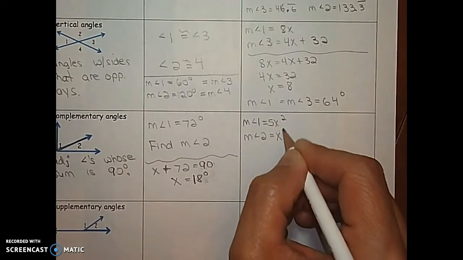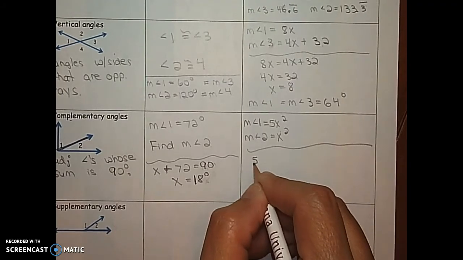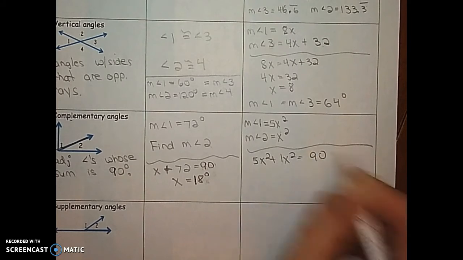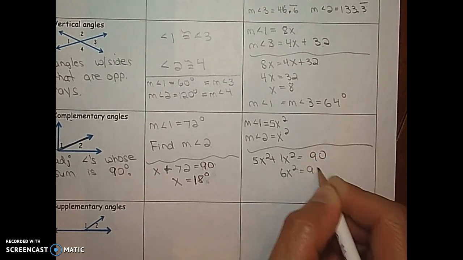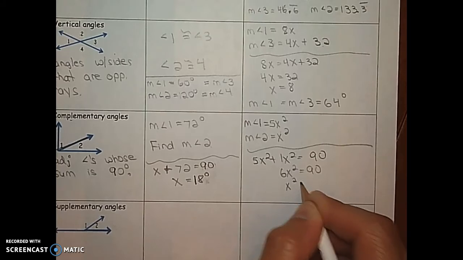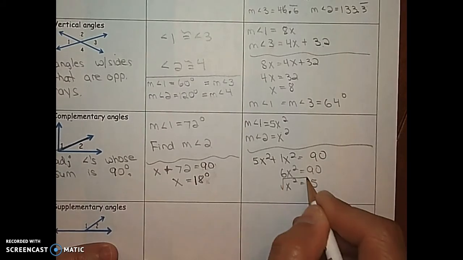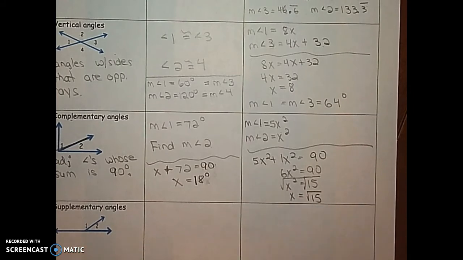The measure of angle 2 is x squared. Again, we're going to set up an algebraic equation. So we have 5x squared plus 1x squared equals 90. Going back to a little bit of Algebra 1, we add those together, we divide by 6, and then eventually we take the square root, and we end up with x is radical 15.